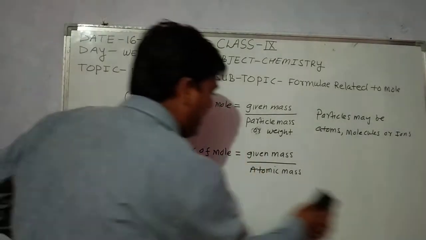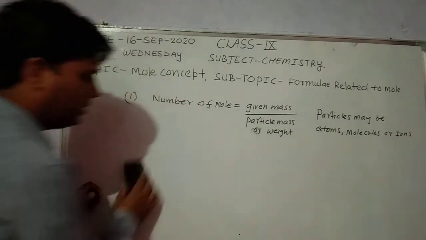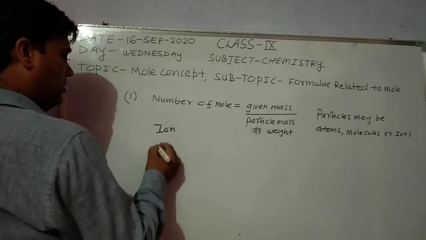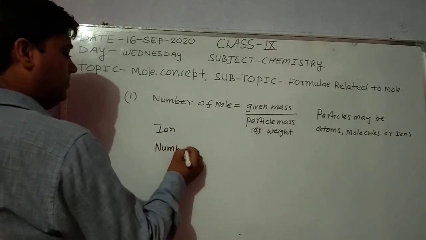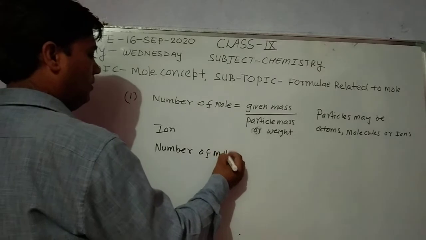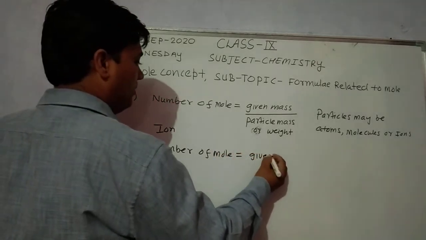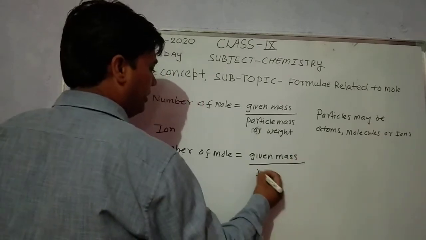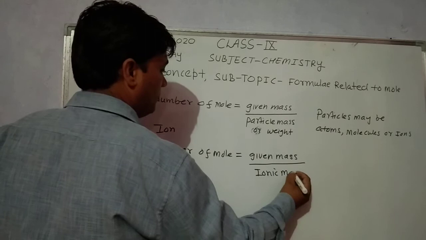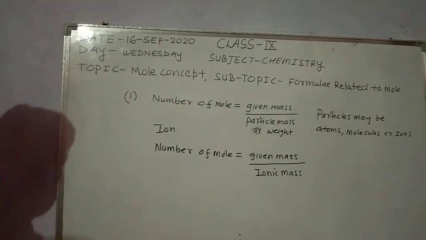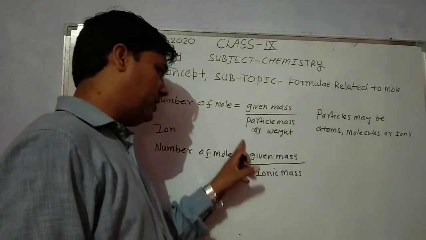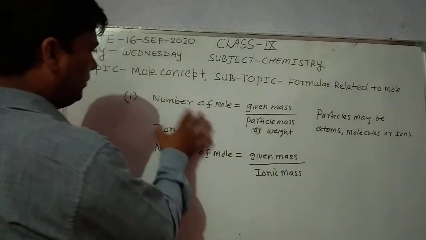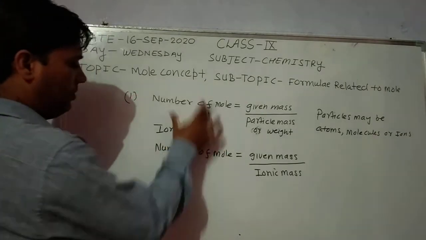In case of an ion, number of moles is equal to given mass divided by ionic mass. Okay, so in this way we can calculate the number of moles.